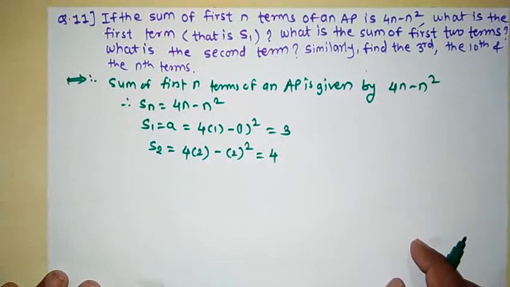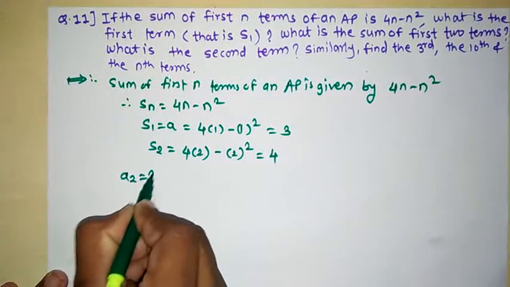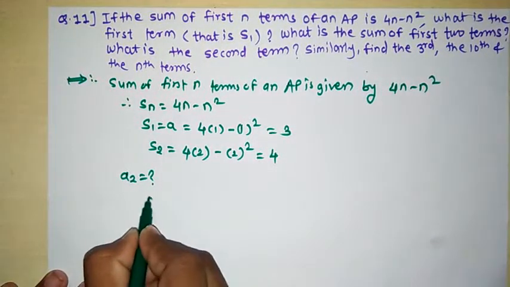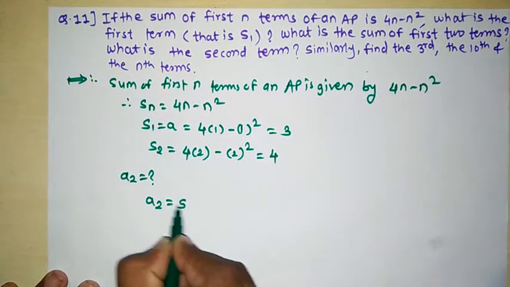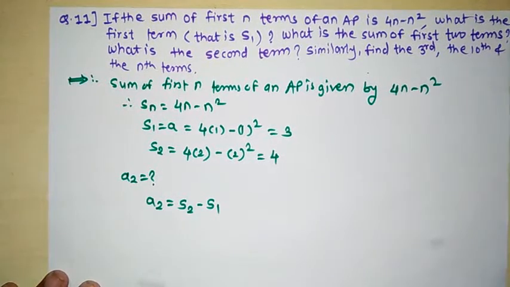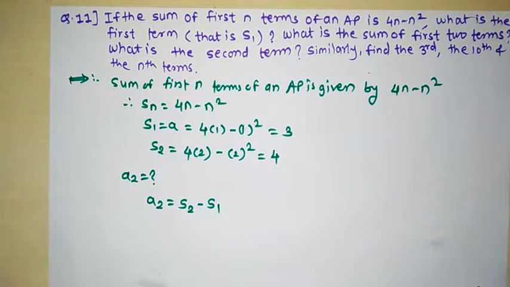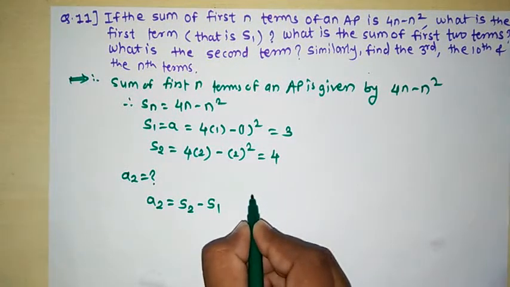Now we have to find the second term, that is a2. a2 is equal to how much? We know that a2 can be obtained by the sum of the first two terms minus the sum of the first term, that is S2 minus S1. We have seen this formula, the one in the remark.